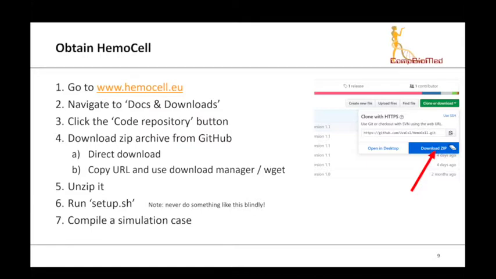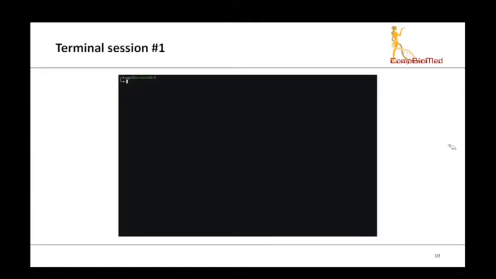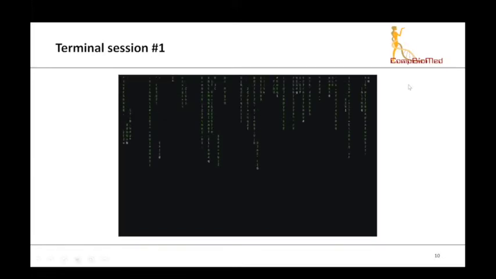And you can just use the link of that download, or you can download it directly on your local computer and upload it using WinSCP, CyberDuck, or one of the SCP-based methods I mentioned before. After that, we will unzip it on the login node, run a really quick setup, and start to compile our first simulation case.